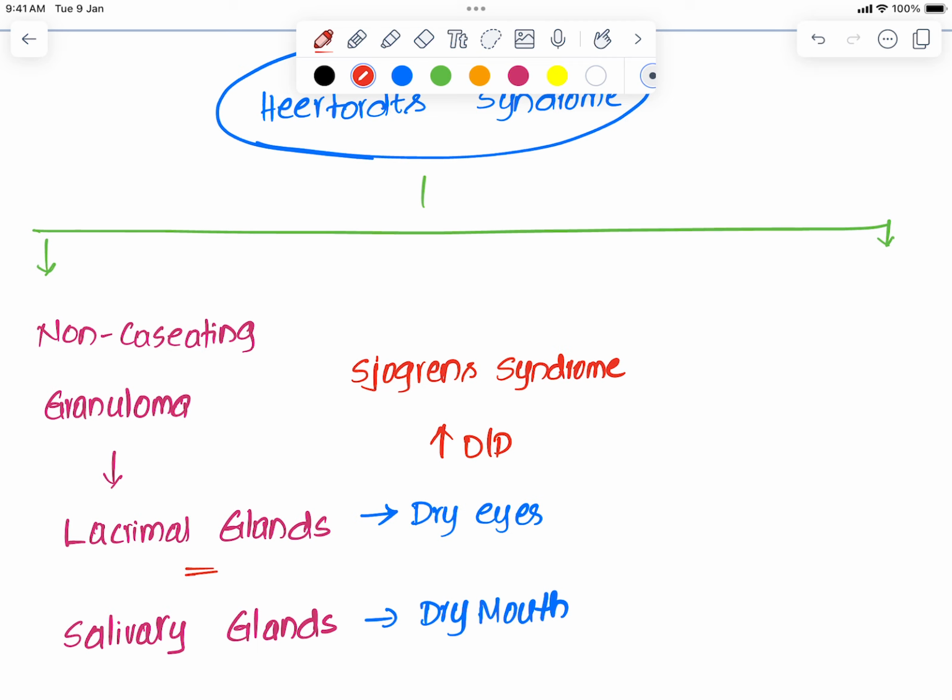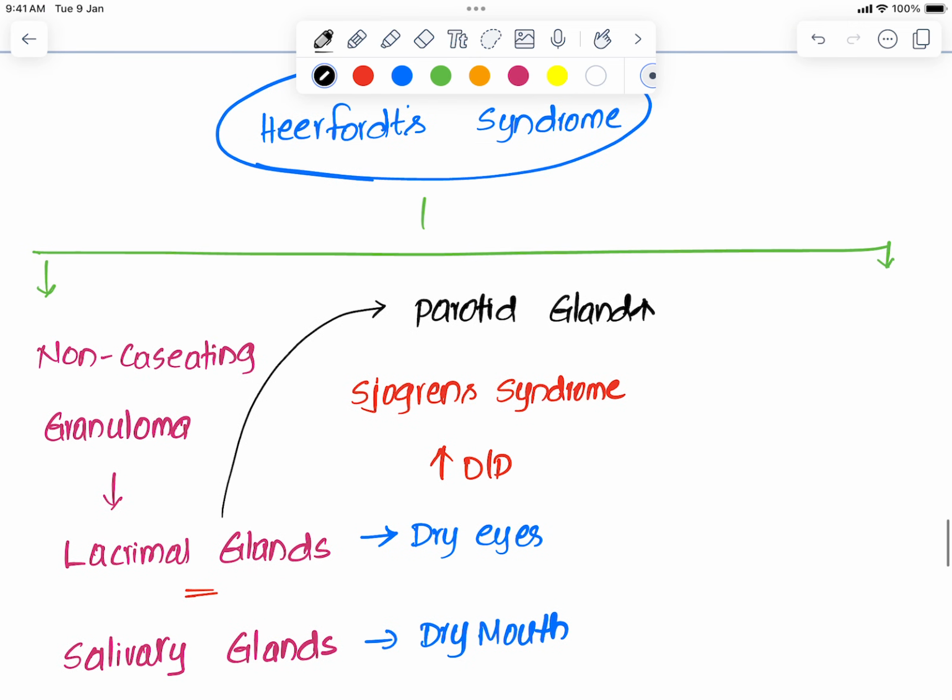So there is lacrimal gland destruction with the non-caseating granuloma. That is the reason why in these patients you will notice parotid gland enlargement. That is what is called Heerfordt syndrome.